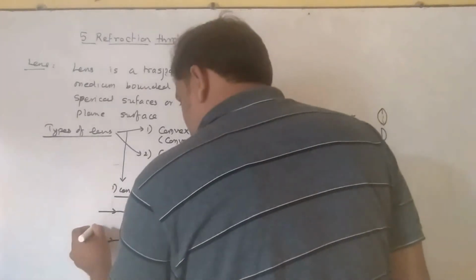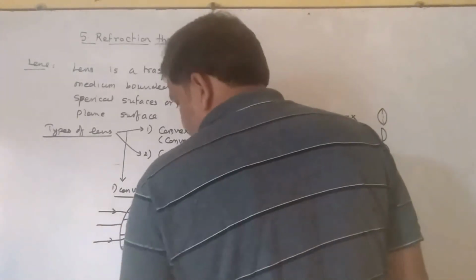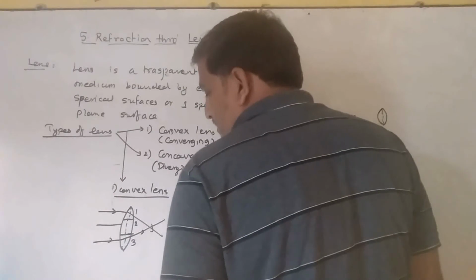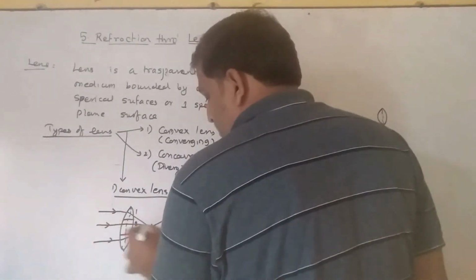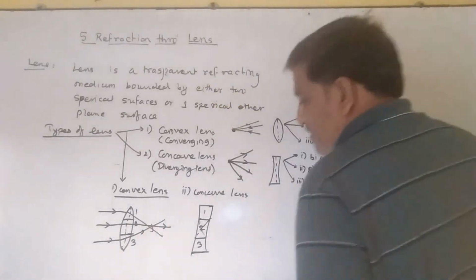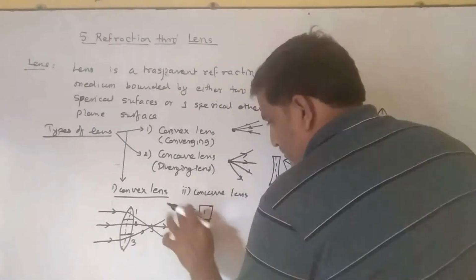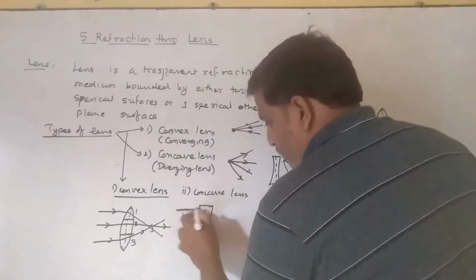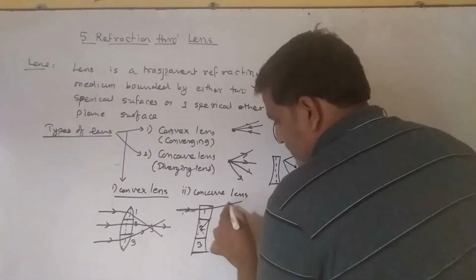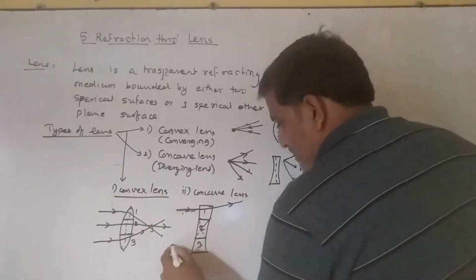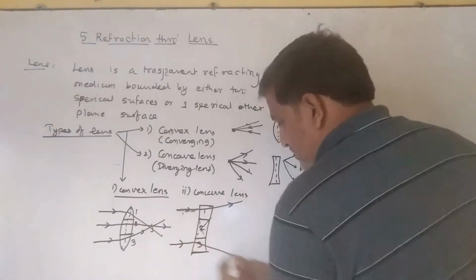And a ray which goes through a parallel-sided glass slab along the normal goes undeviated. Similarly, a ray of light falling on the prism turns toward the base, so it diverges. Here also it diverges.